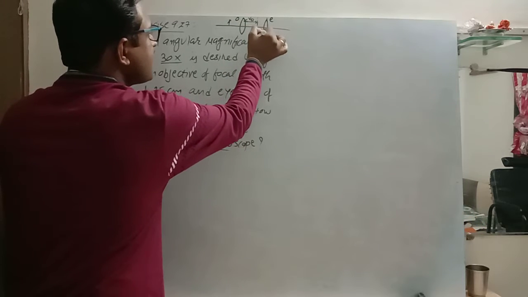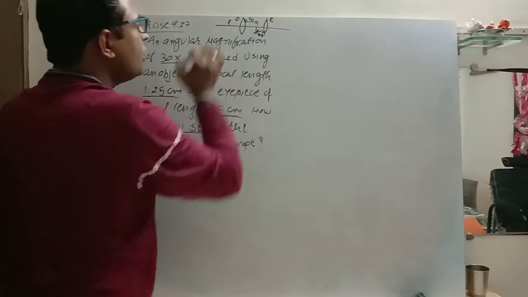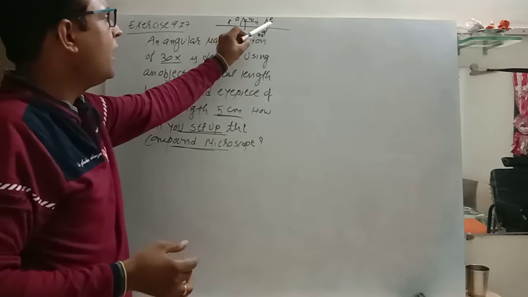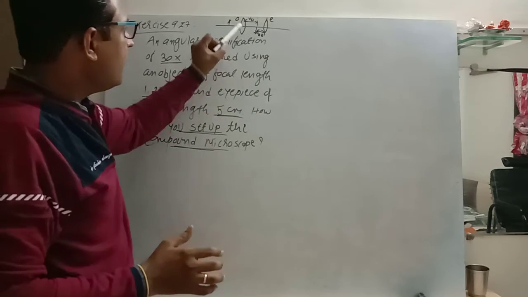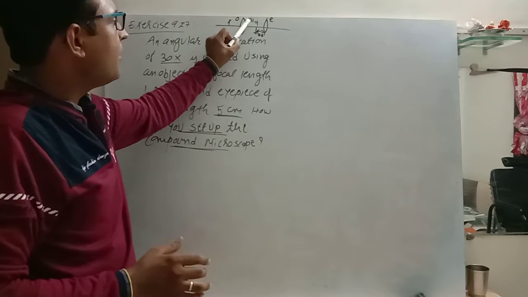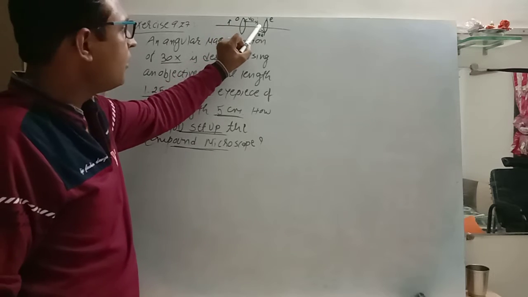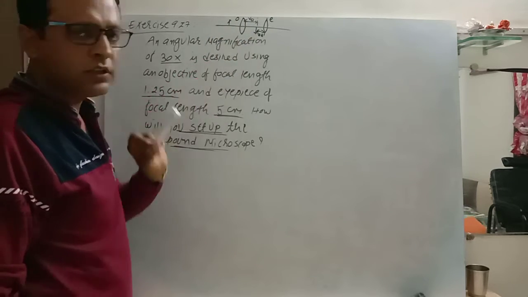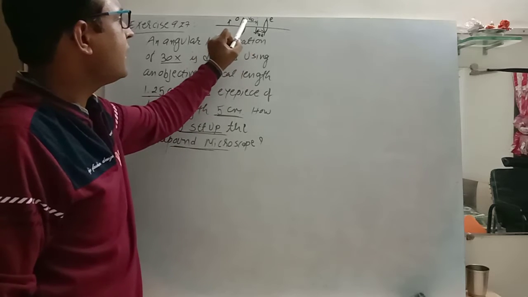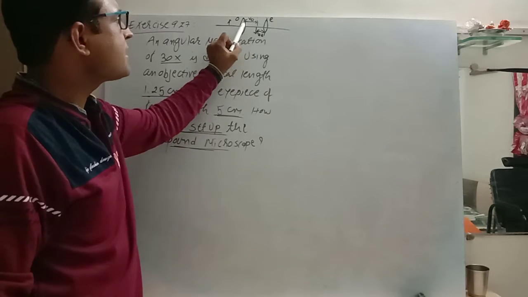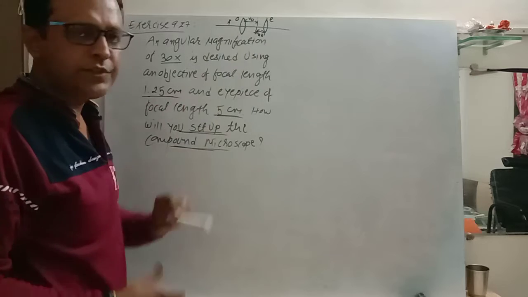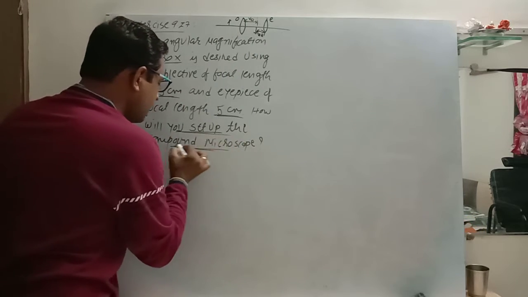That's why this distance is called UE, the object distance for the eyepiece. If we calculate the image distance for the objective and the object distance for the eyepiece, then easily we can calculate the distance between objective and eyepiece by adding them, and this is our answer.